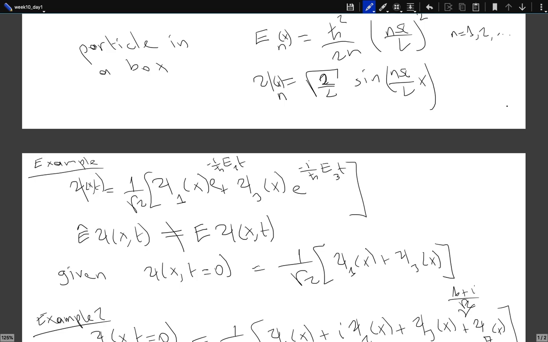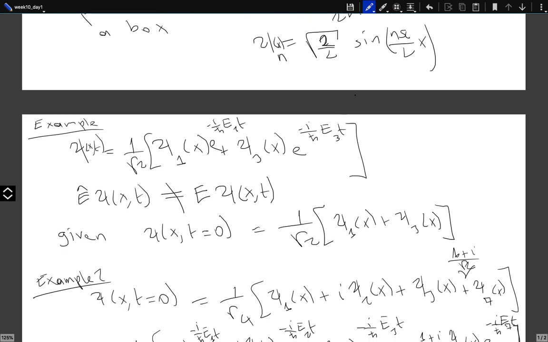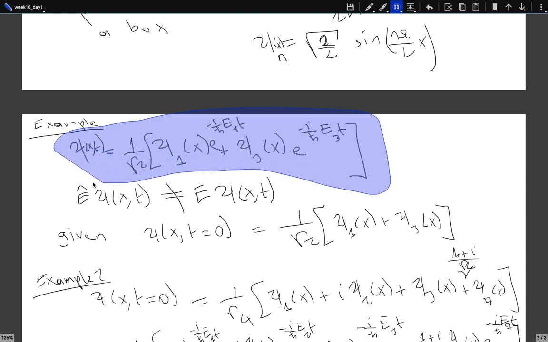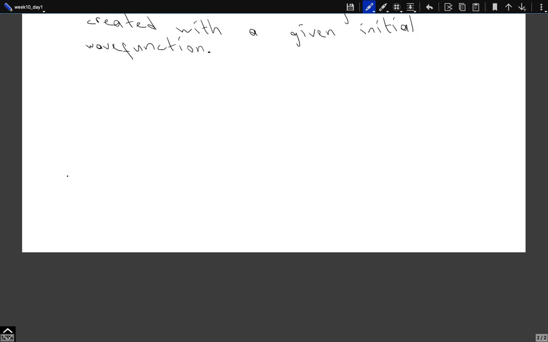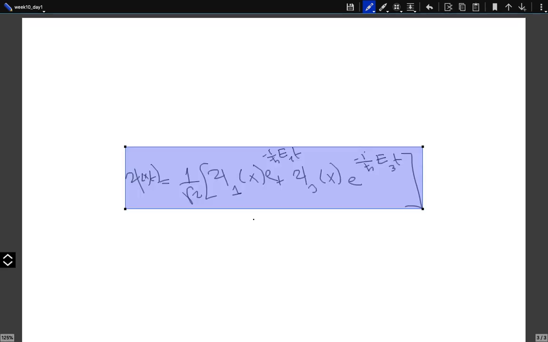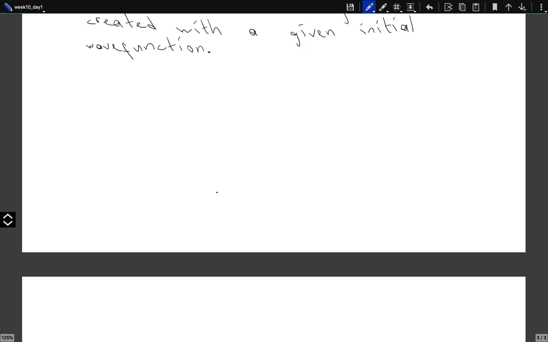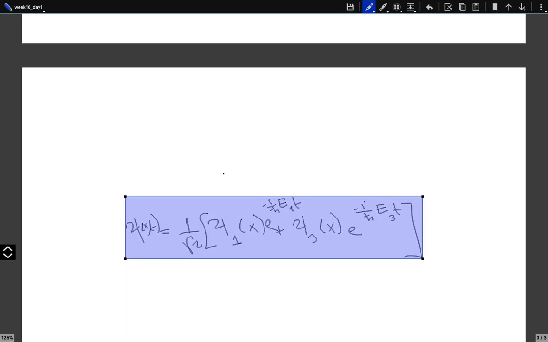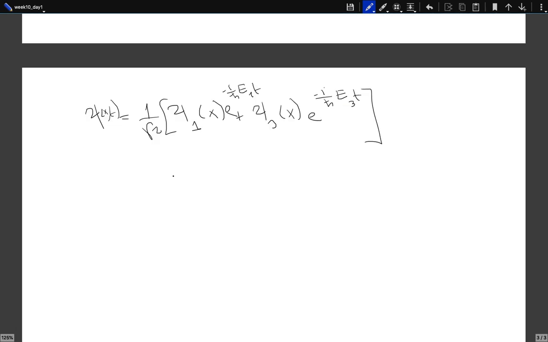That average basically corresponds to the expectation value. Let me pick up this one. What is the expectation value of the Hamiltonian operator?